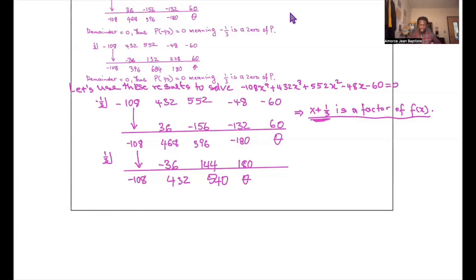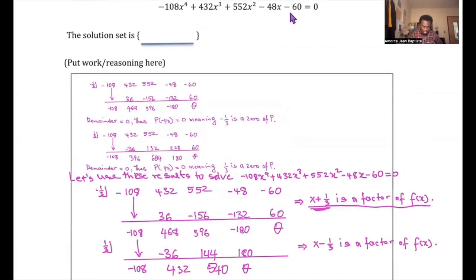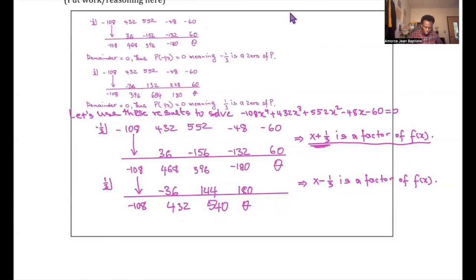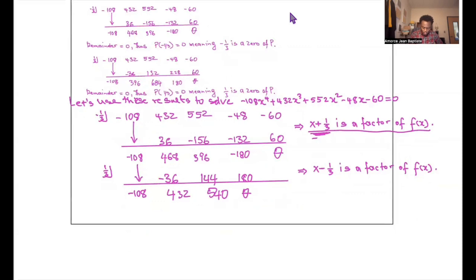Okay. Now with this result, we know that we also have another factor. So that means we have two factors. Remember, you had a polynomial of degree 4. We already have one factor of degree 1, another factor of degree 1. So the other trinomial that's left, which are the coefficients here, will be of degree 2, right?